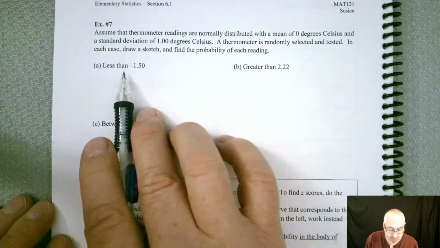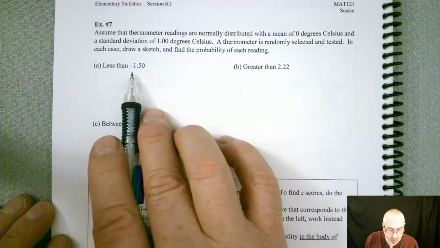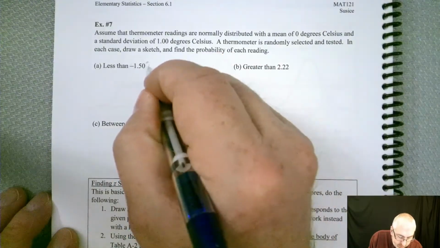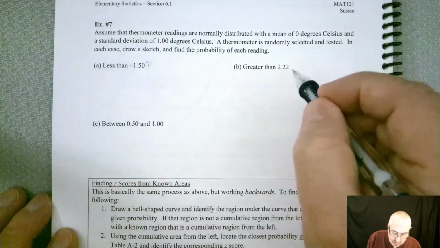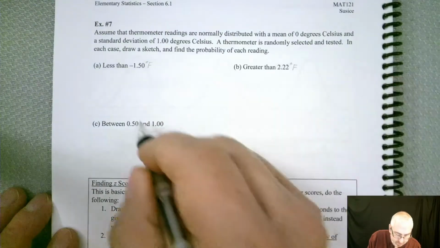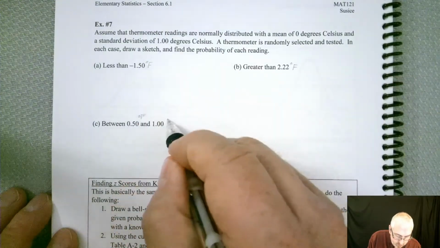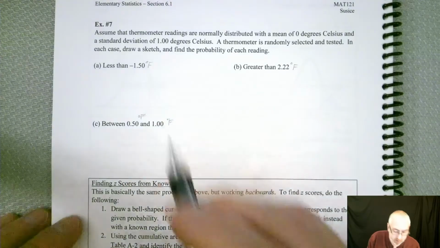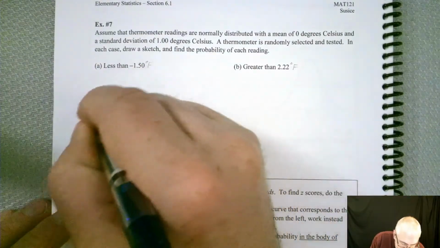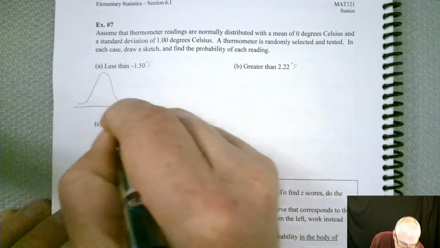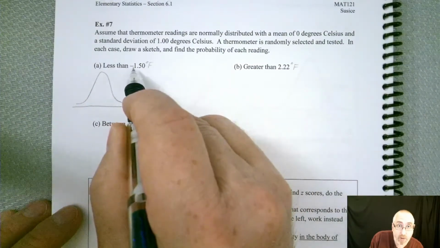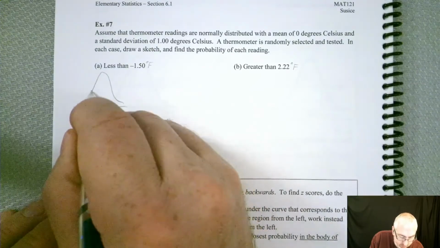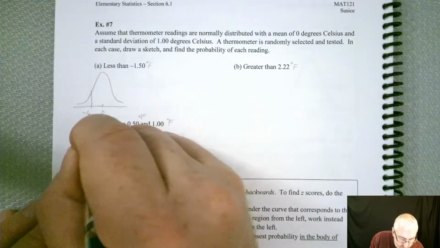So we want the probability that it's less than negative 1.50. Let's draw a picture. Zero is in the middle, so negative 1.50 better be over here on the left.